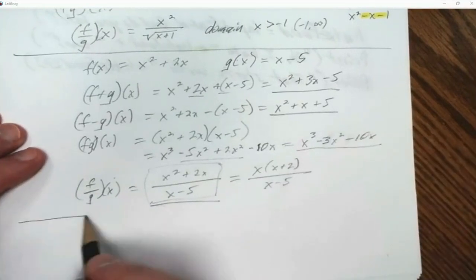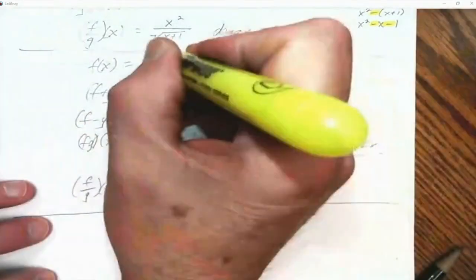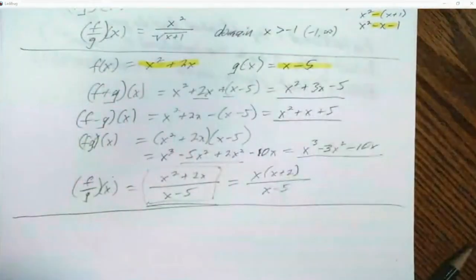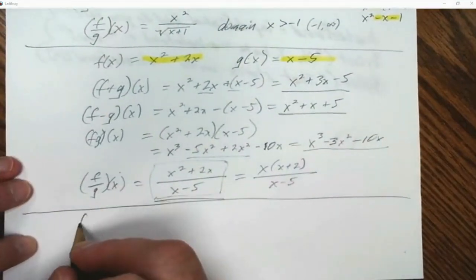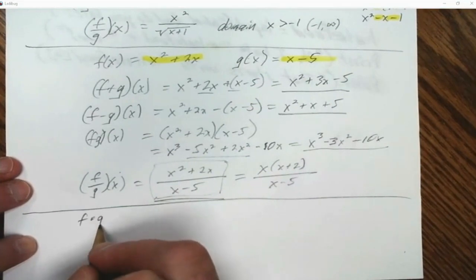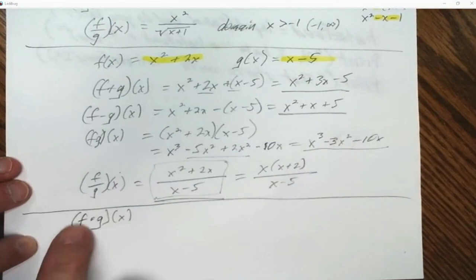In this second example, using these same two equations, we'll probably do f of g more often than these others, so pay attention to this. f of g. It looks like fog or something there, but it's not. It's like a little circle.